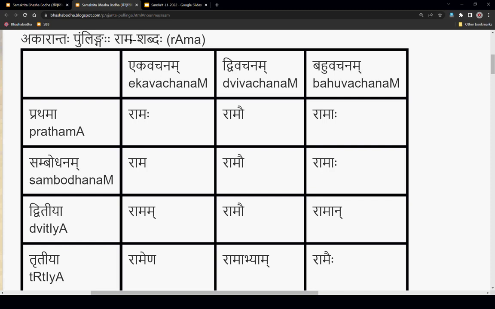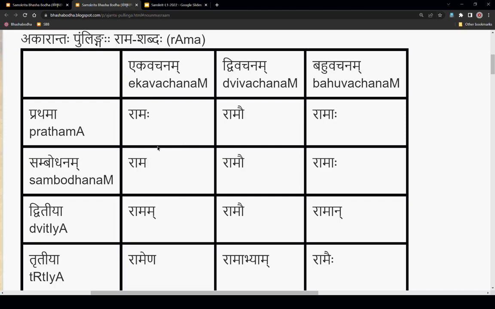So what are the characters here? It ends in the sound a, right? And then it also has a lingam. The base word itself has a lingam embedded in it. It is purlingam, but it has no vachanam and no vibhakti. For vachanam and vibhakti we have to come to this vibhakti table.